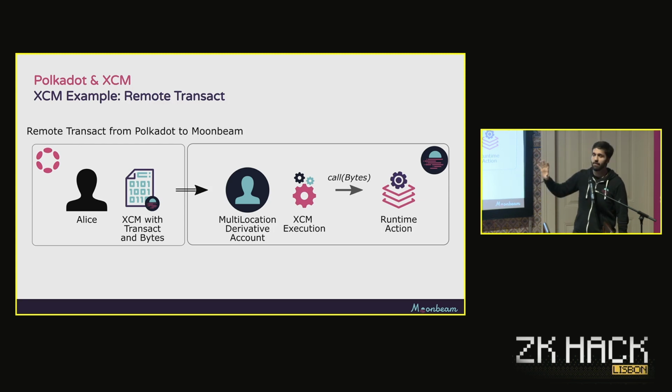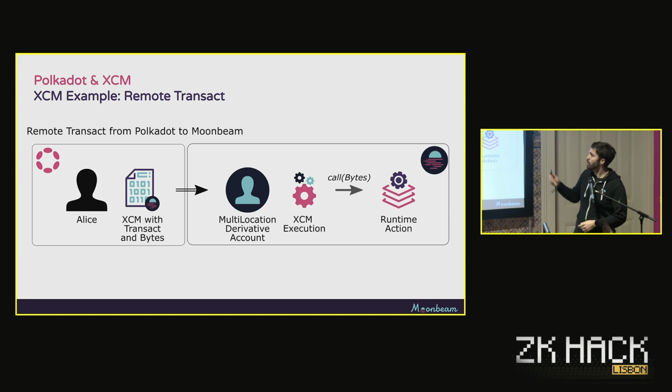This is how remote execution works on XCM. What you need to know is what bytes you are calling on the target chain. That could be calling this smart contract and doing this, or calling the staking module and doing that. Those are the bytes you're targeting on the destination parachain.